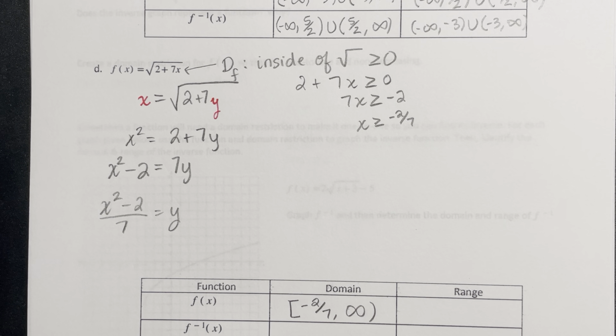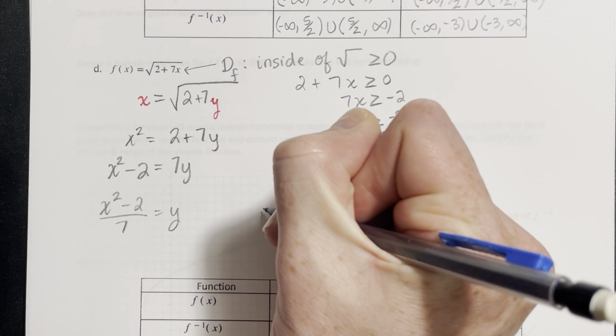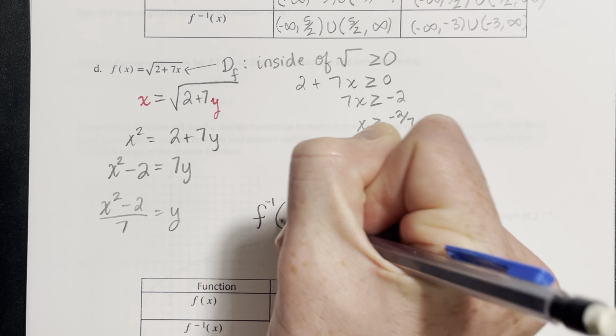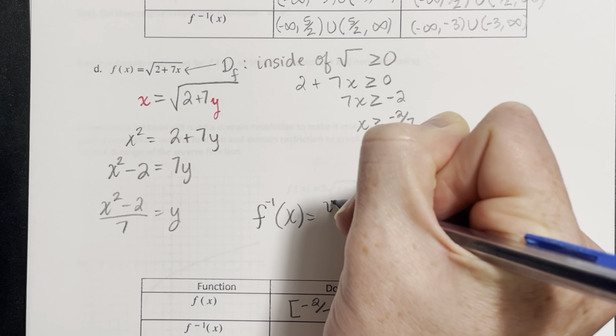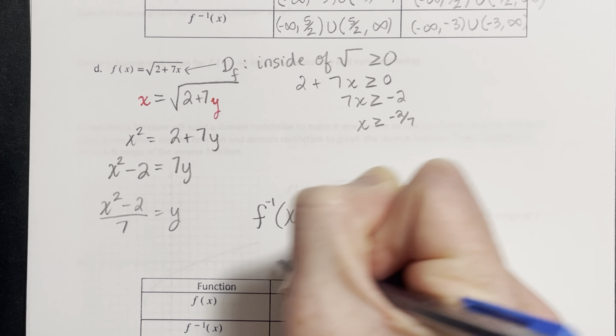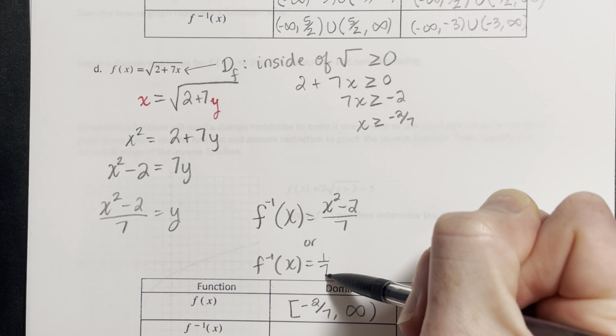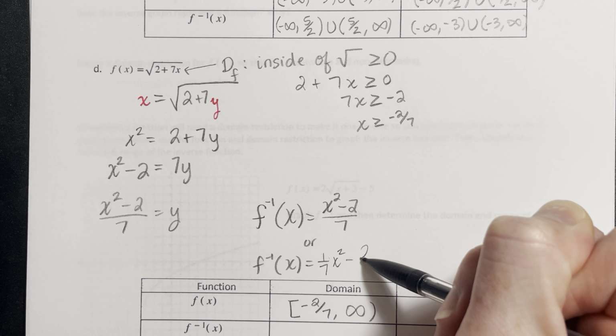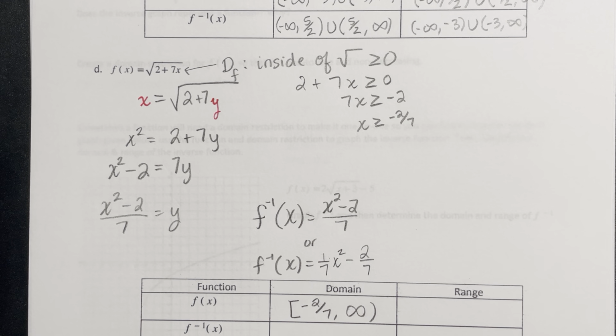So x squared minus 2 divided by 7 is equal to y. Our inverse function would look like x squared minus 2 divided by 7, or if you wanted to write that as 1/7 x squared minus 2/7, you could do that as well.